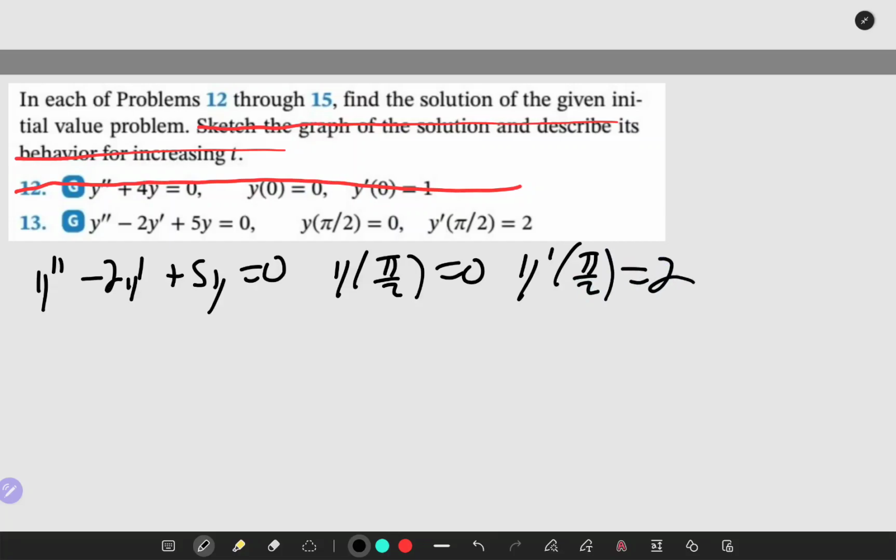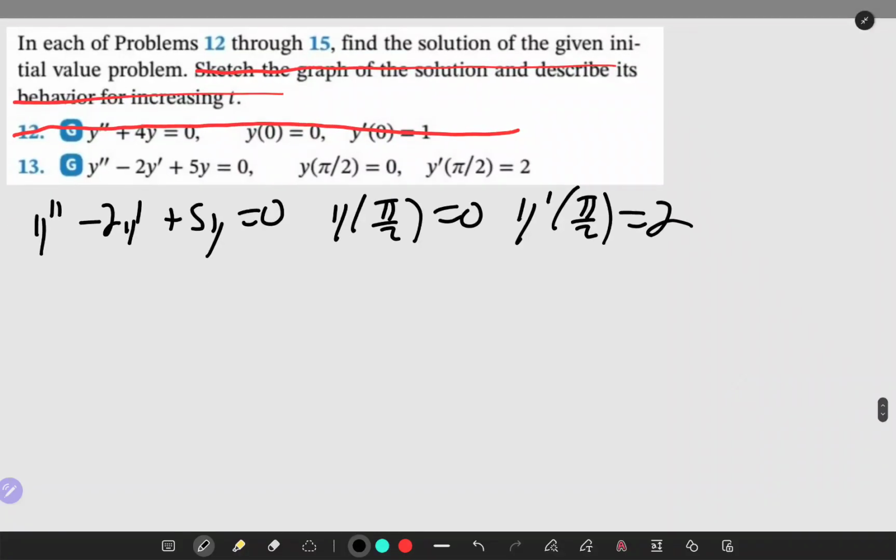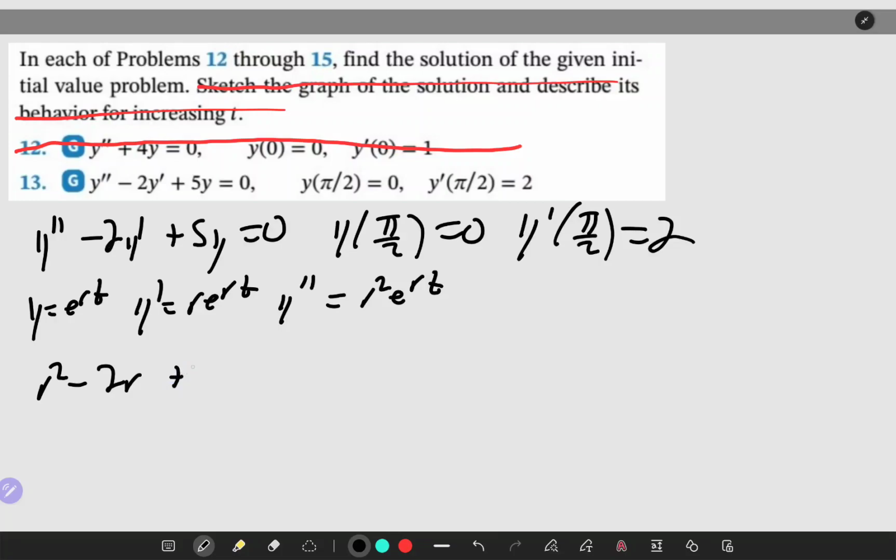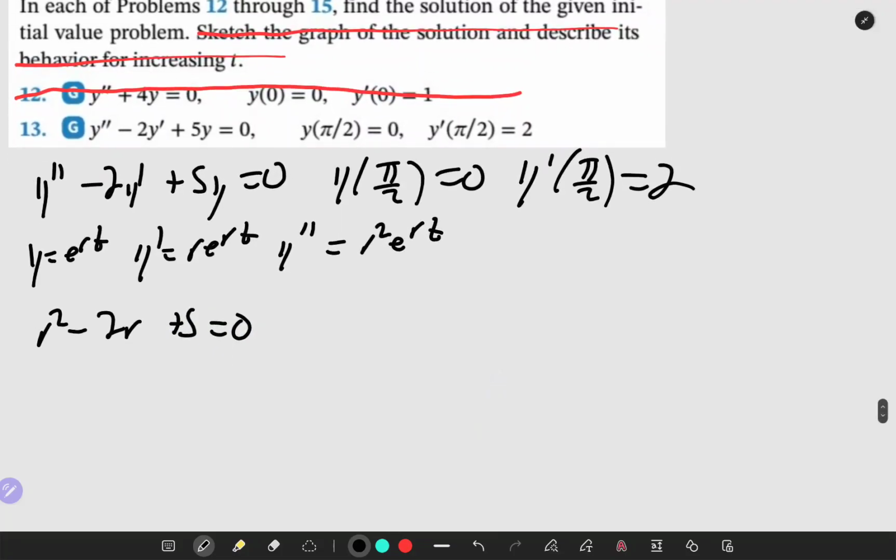Okay. So find the general solution of the initial value problem. So let's propose y equals e to the rt. Substitute. Solve for r.